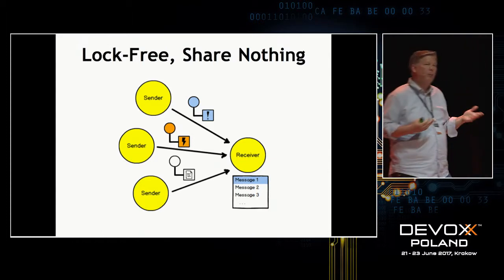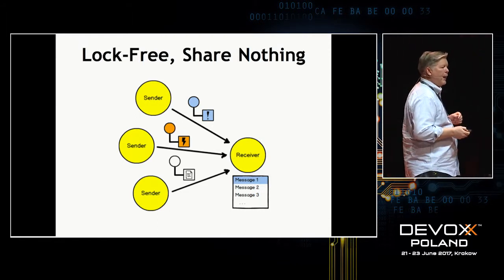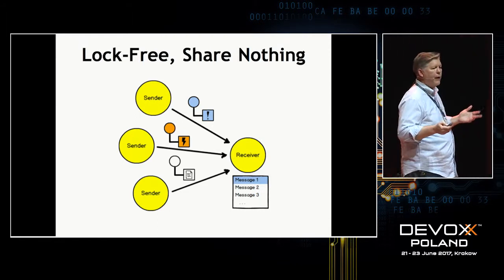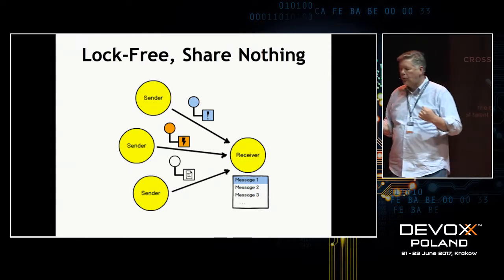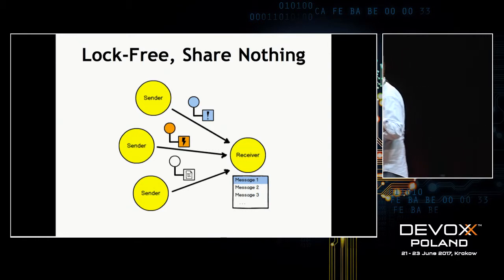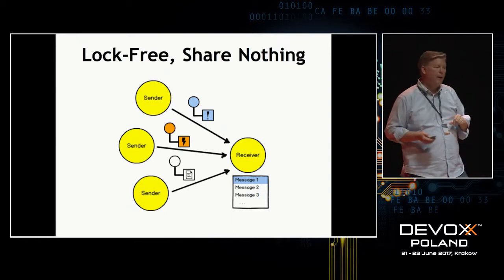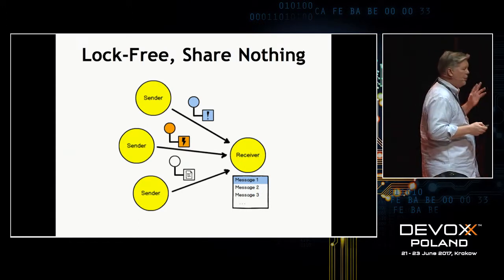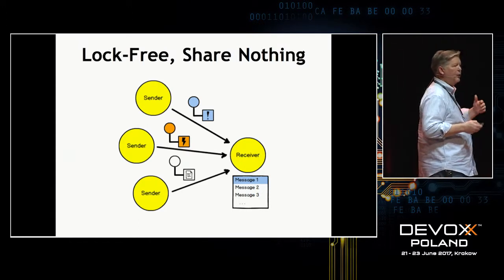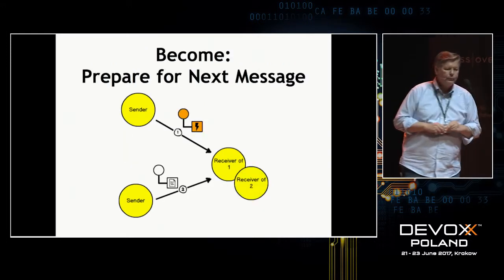Even if there are multiple senders simultaneously, it doesn't have to block. And there's a share nothing environment where actors never pass out an internal reference to their state that allows another actor to twiddle with that state without sending in a message. So messages must be sent to get any state mutated in the entire system.